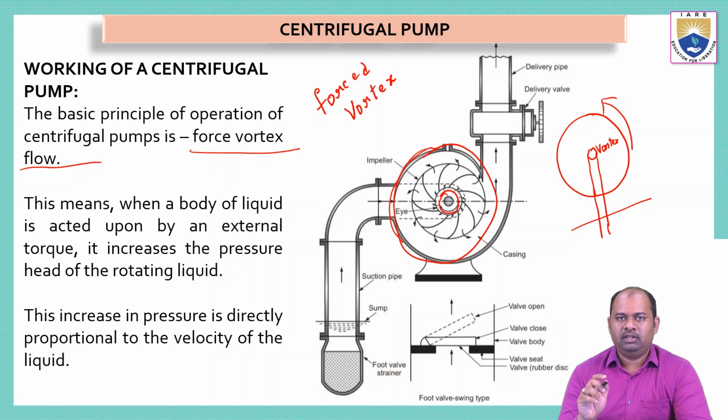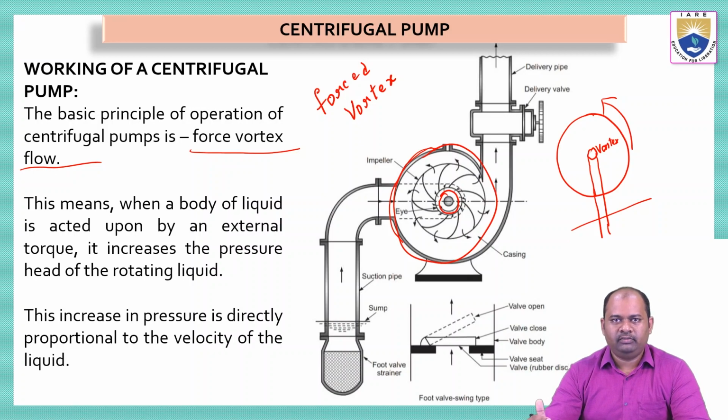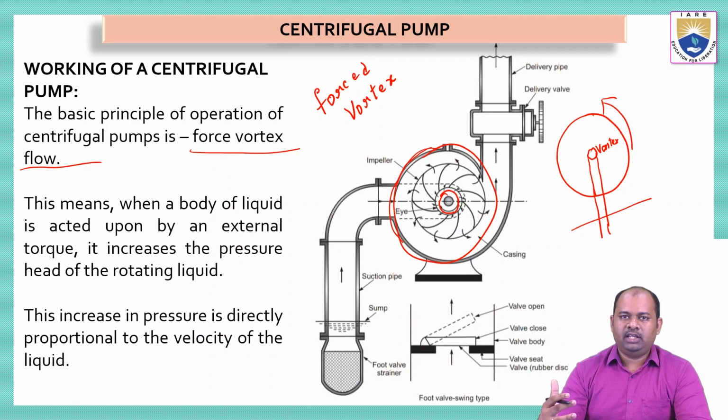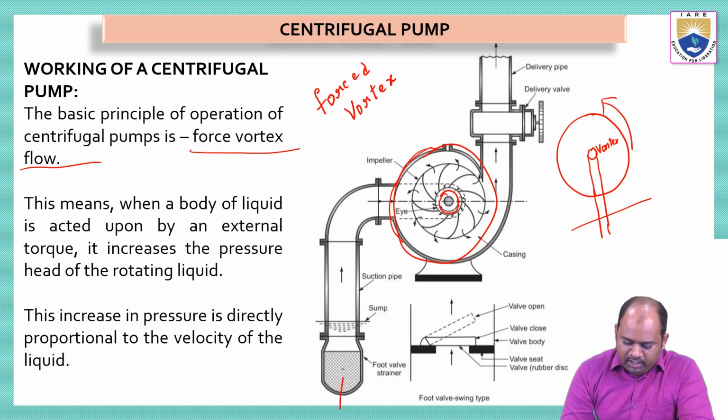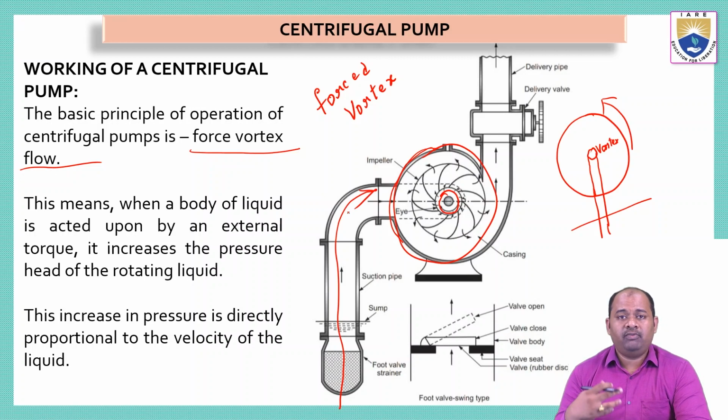Now, at the area where the forced vortex has formed, there will be negative pressure. That means a low pressure area is created. Because of this low pressure area, the water from the sump will be sucked into the suction pipe. The water from here will enter the suction pipe, because we have created a low pressure area inside the casing.